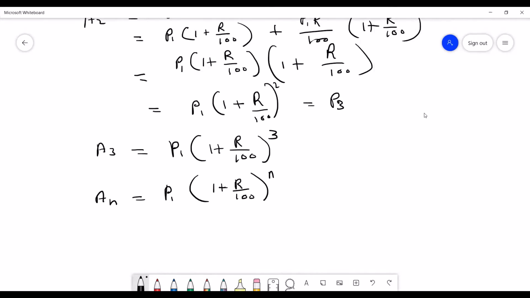So simply we can say the final amount by the compound interest method, where P is the principal amount, is P into 1 plus R divided by 100 whole raised to n. Here P is the principal amount, R is the rate of interest, and n is the number of years.